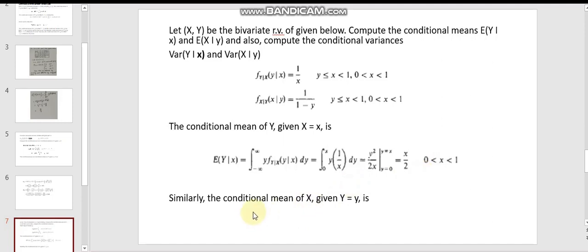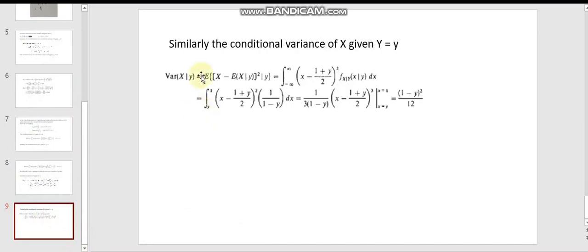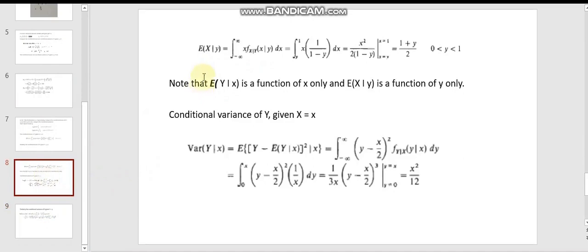Similarly, we can find the conditional mean of x given y. In a similar fashion, we integrate from minus infinity to infinity the product of x with the conditional PDF of x. We know that the conditional PDF of x for given y is equal to 1 over 1 minus y.